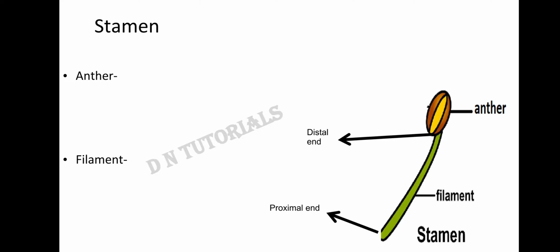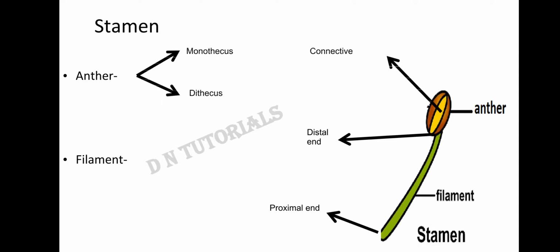Your anther is of two types, monothecous and dithecous. Monothecous if it consists of only one lobe or one theca. Dithecous if anther consists of two lobes or two theca. In this picture, you are seeing a dithecous anther since two theca or two lobes are present.